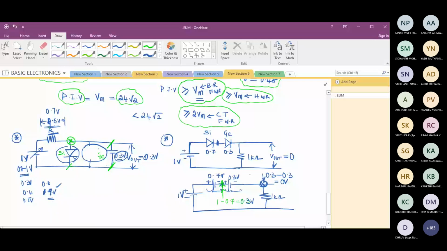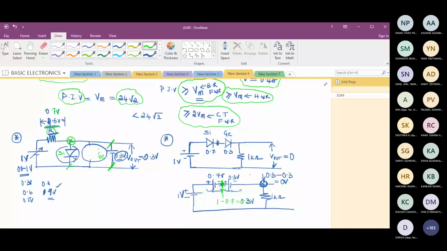Is it fine? Sir, if there was no resistance, what would happen? Not possible. The circuit will not work. That's why I connected the resistance. Practically it won't work. We can't have two batteries in parallel of different potentials. In physics, what you have studied, two components in parallel, the voltage remains the same.